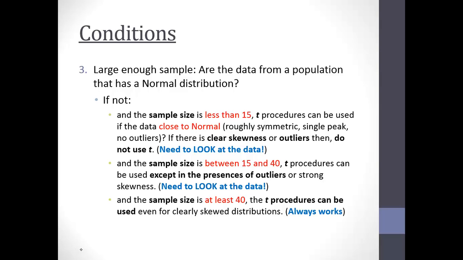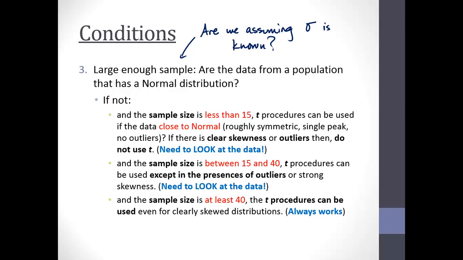When we get to the large enough sample condition, things change just a little bit. A more complete list would include a question first: are we assuming sigma is known? Here in this chapter, we're assuming that sigma is not known. If it is known, we can think back to what you were doing in chapter 15.